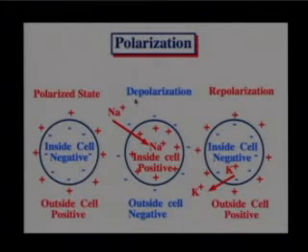So it depolarizes. And then after the impulse has passed through, the cell goes back to the ready state. It repolarizes. Go back to the outside being positive and the inside negative. It's almost as if the cell said, wow, that was fun. Let's get ready so we can do it all over again.